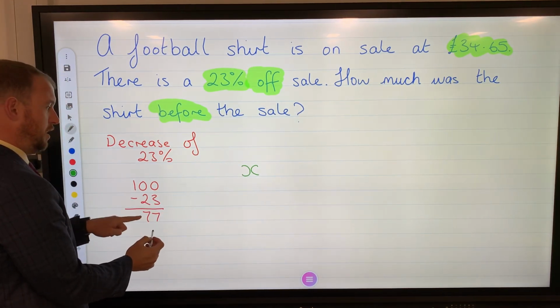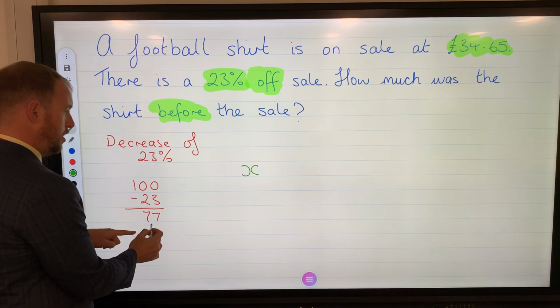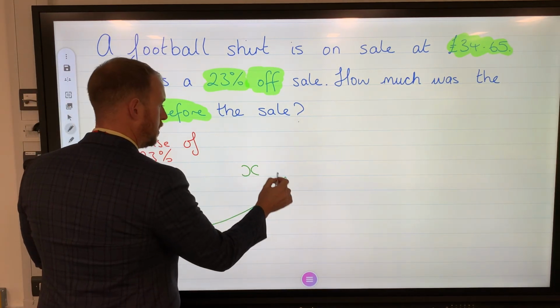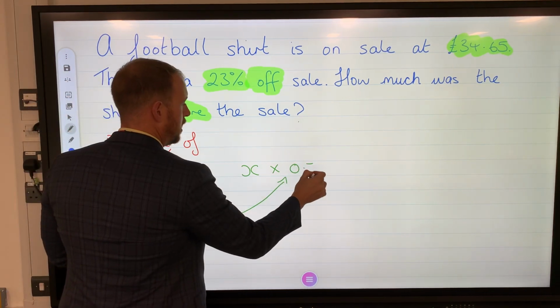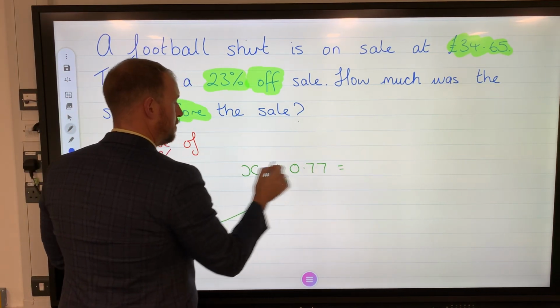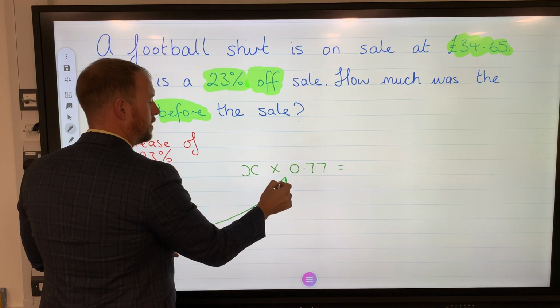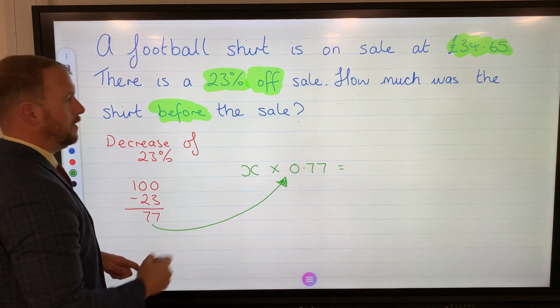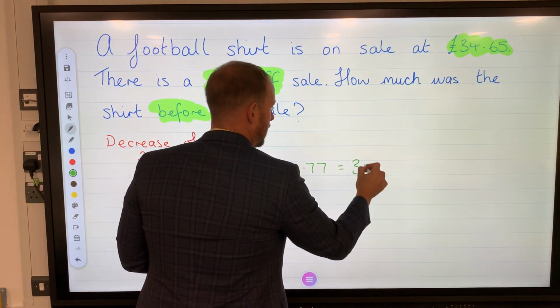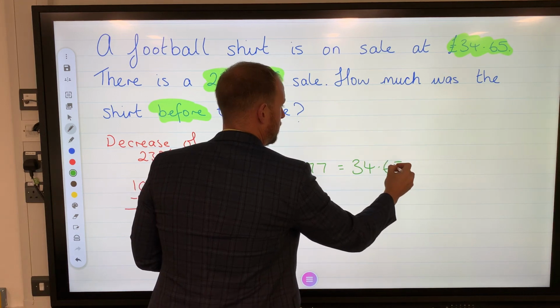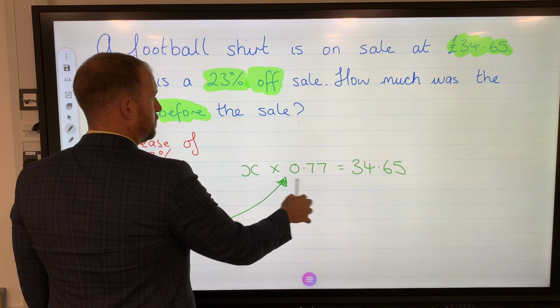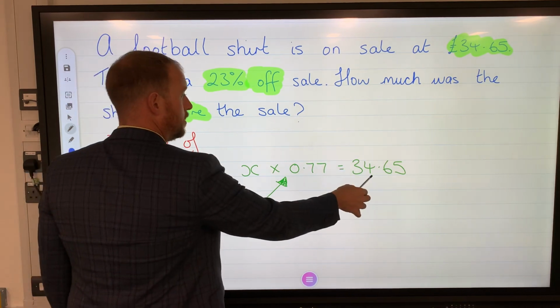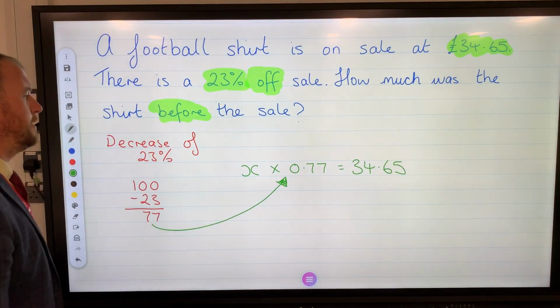Remember, for a percentage decrease, we need to convert this now to a decimal. So we decreased by 23%, which technically was something multiplied by 0.77, would then equal our new sale price of £34.65. So old price reduced by 23% equals £34.65.